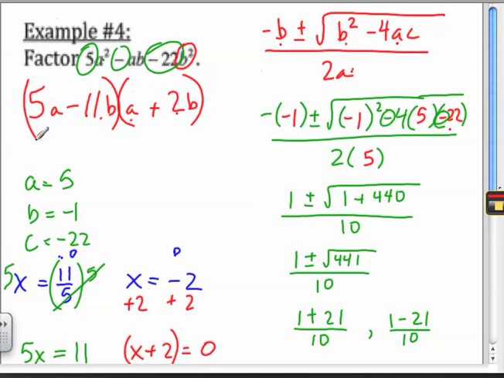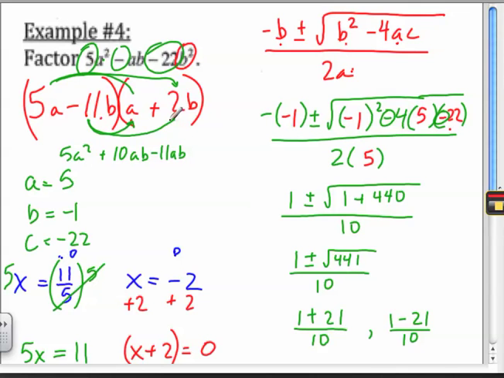Now I don't trust myself, and you guys should know better than to trust me. Let's multiply this and see what we get. 5a times a is 5a squared. 5a times 2b is plus 10ab. -11b times a is -11ab.